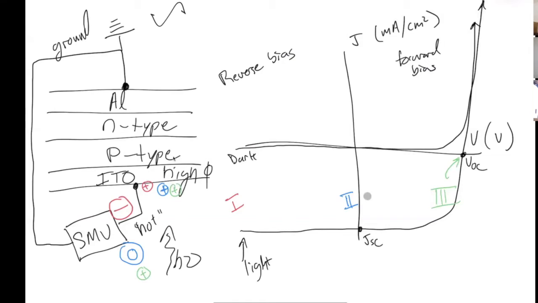So down here, the current that was flowing with no applied bias, so that's current with no applied bias, or a short circuit.